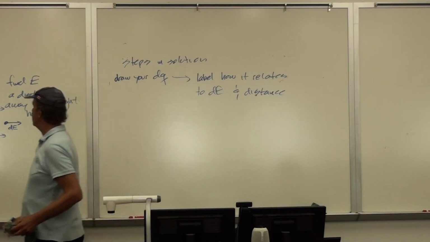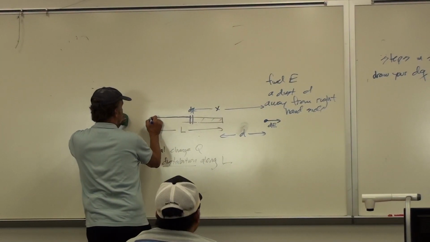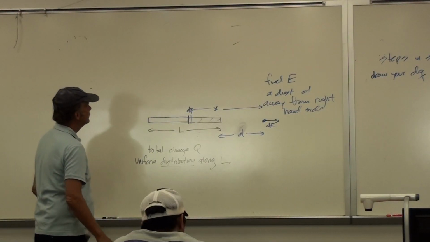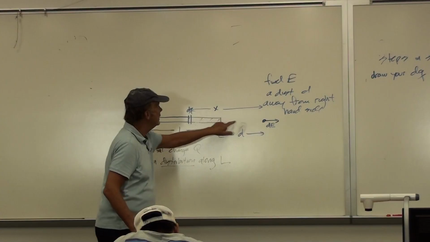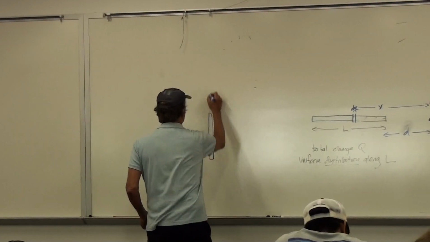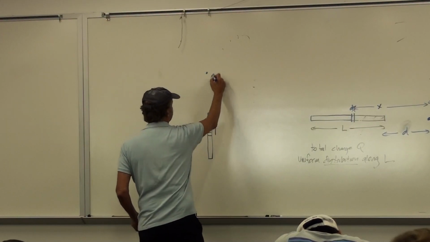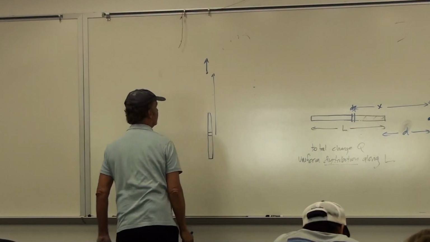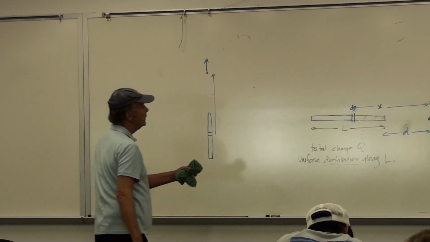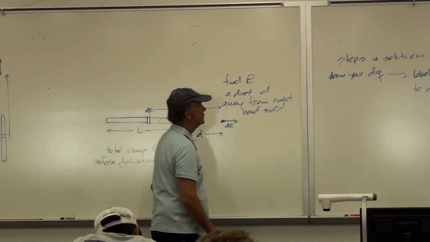Now, since all of these distances are in the x direction, I'm going to call it Rx for this problem. But I don't have to. I could call this R if I wanted to, but R is in the x direction. If I had it oriented like this, I might call it Ry rather than x, but that would just be the same problem turned sideways. For this problem, I'm just going to call my R value x because it's pointed in the x direction.